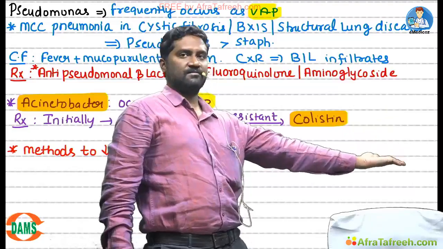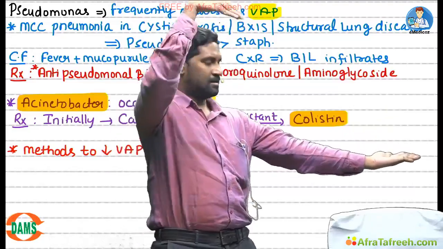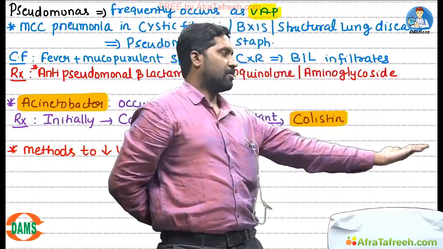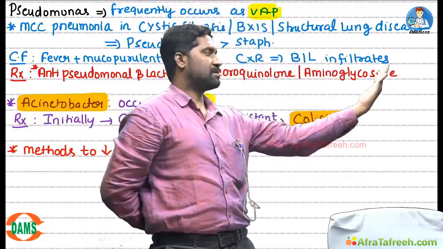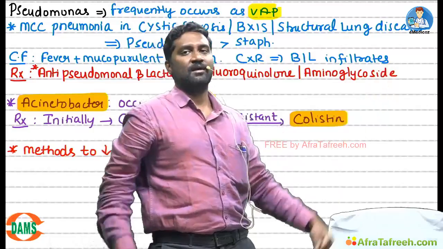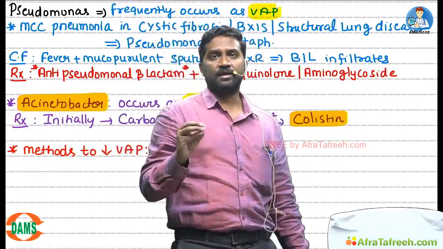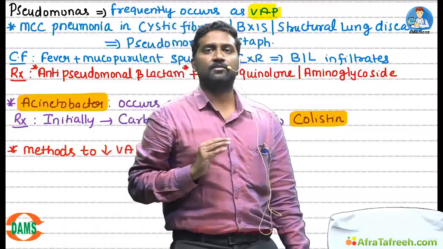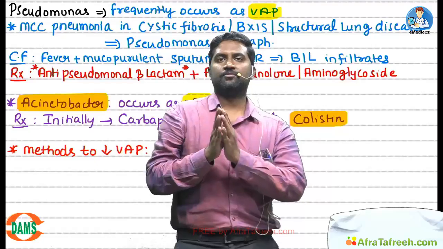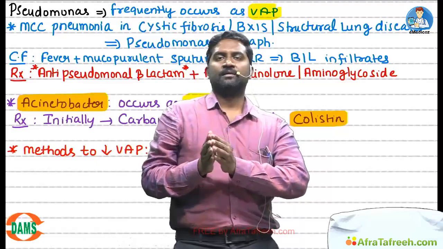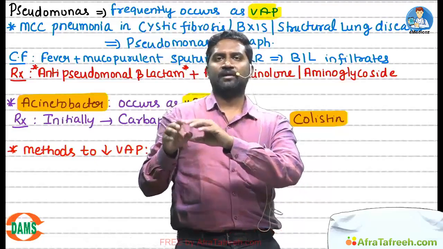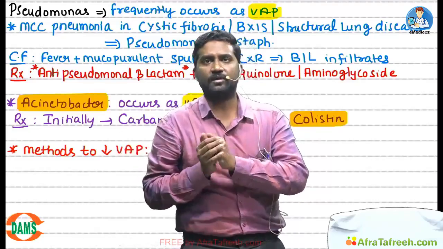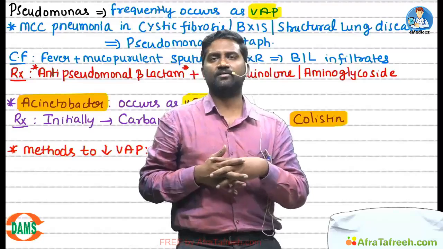If the patient is completely supine, it will be easy for the organisms to descend down. And daily in the morning I am going to clean his oral cavity with chlorhexidine, so the oral organisms decrease and there are fewer chances of going into the lower respiratory tract along the tube.